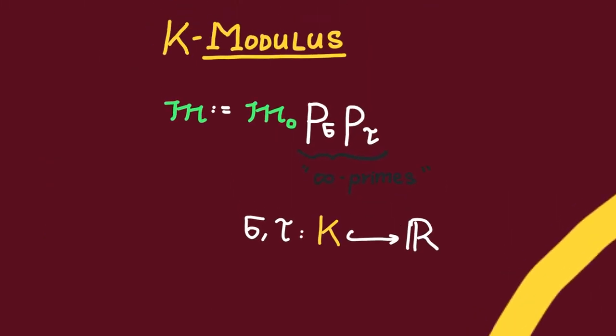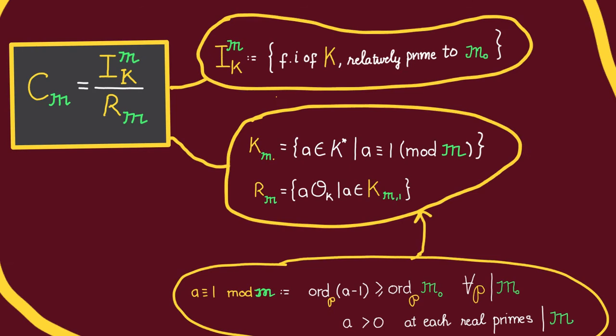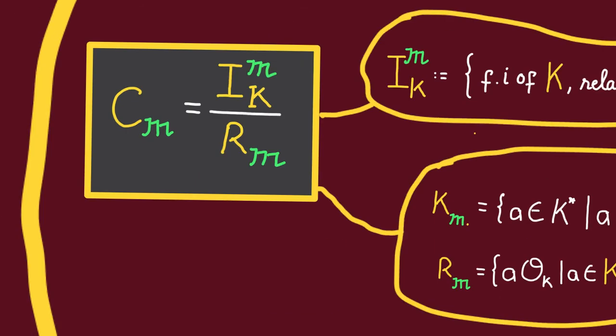What that means is that under the real embeddings associated to these infinite primes, the image of a is going to be a positive real number. So if we let R_M be the group of principal fractional ideals generated by these a that are congruent to 1 mod M, then that's a subgroup of I_M. We can take their quotient, and this is called the ray class group modulo M.